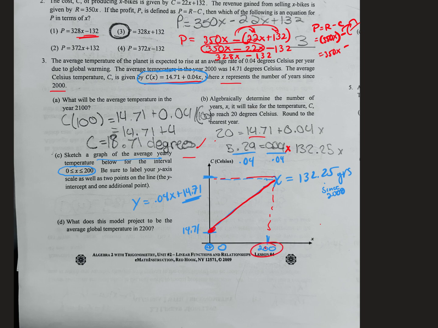So just calculate the C of 200, just like you found the C of 100. It'll give you some temperature. That's your high point. You won't have all these dotted lines when you get done. But once you know this number, you'll be in good shape.